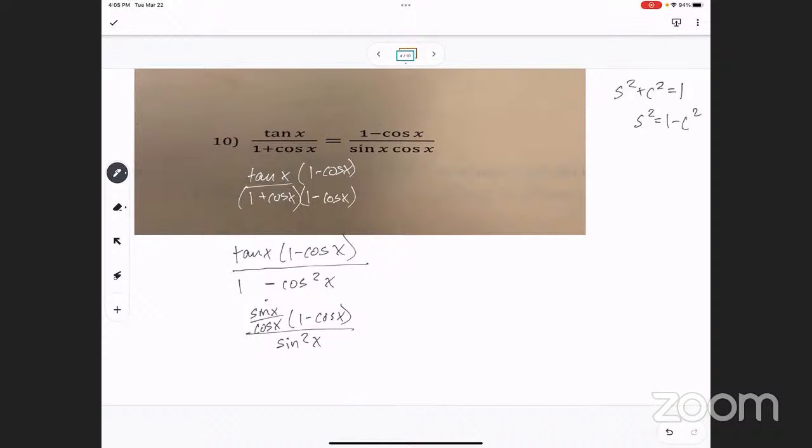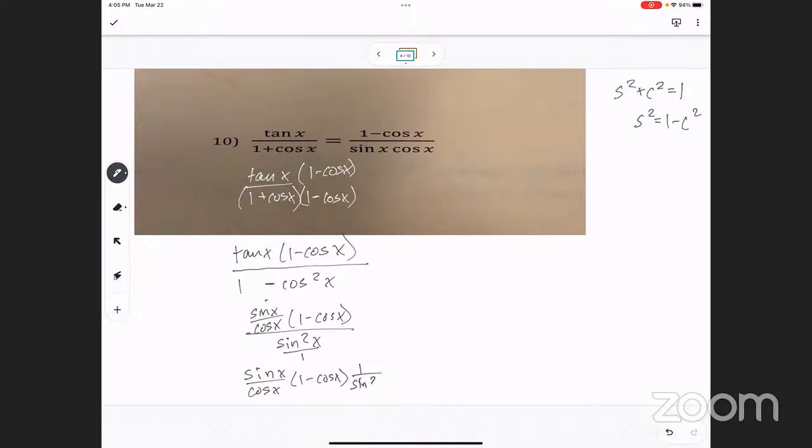Mm-hmm. And so now this is like sine squared x over 1 on the bottom. So I can flip and multiply, right? I'm going to show you the work right there. So this is sine x over cosine x times 1 minus cosine x times 1 over sine squared x.